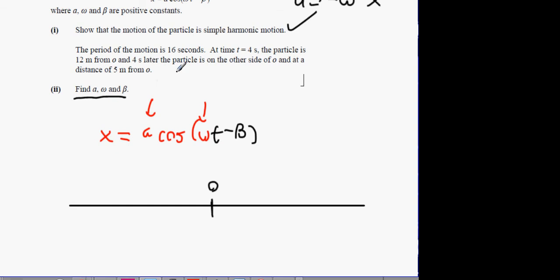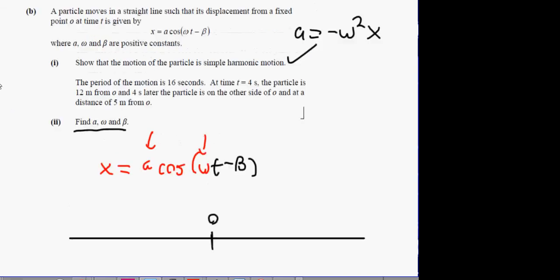Okay. Next thing. What happens is 12 meters at t equals 4. It ends up on the other side, 5 meters away, which is a lot closer than 12 meters away, at t equals 8. So we don't know if the 12 is the full amplitude or not, do we? There's no guarantee. So it might do something like this.